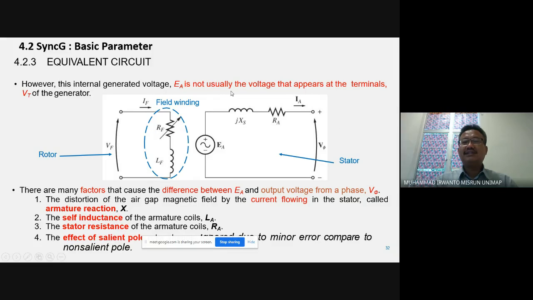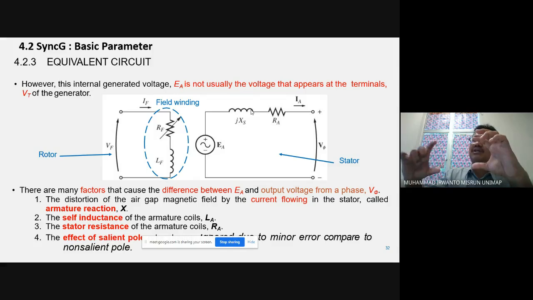The stator is constructed by the stator winding. The stator has reactance and also resistance. Remember, the output terminal of the synchronous generator we normally call the terminal voltage.